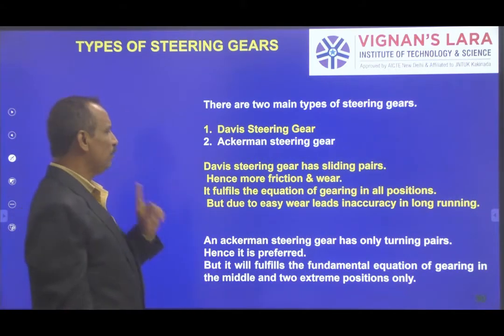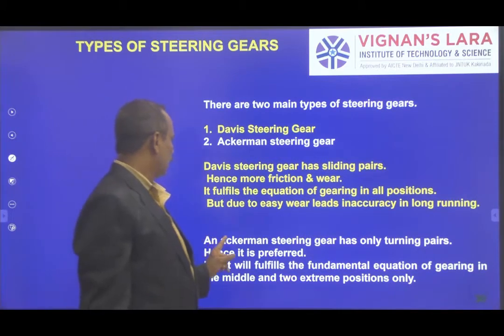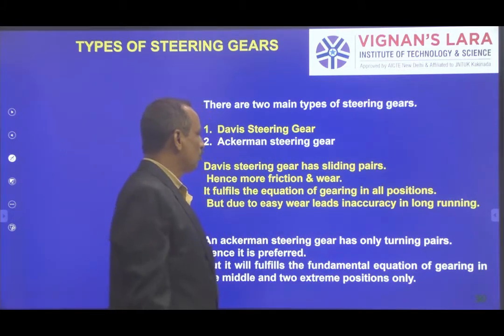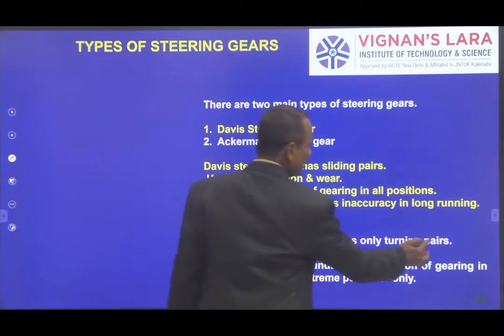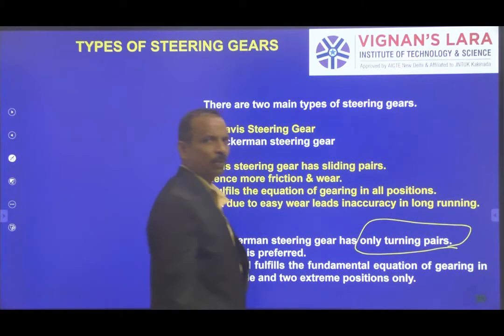But there is one advantage of the Ackerman steering gear that makes it most widely used: it consists of turning pairs.